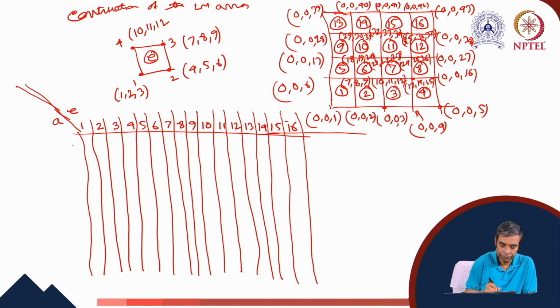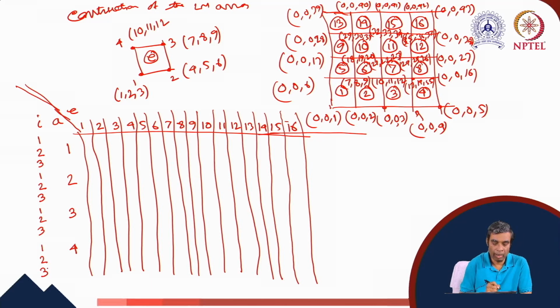So for local node 1, this is local node 1. Then here we have local node 2, local node 3, and local node 4. Now at local node 1, I is varying from 1, 2, 3. At local node 2, I is varying again from 1, 2, 3. Local node 3, I is having 1, 2, 3. At local node 4, I is varying from 1 to 3.